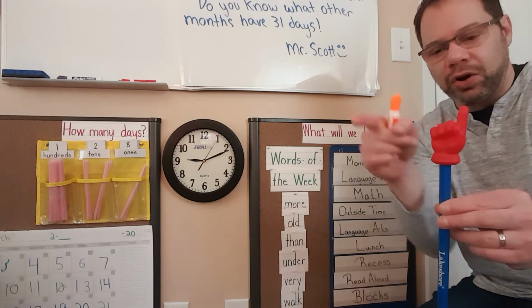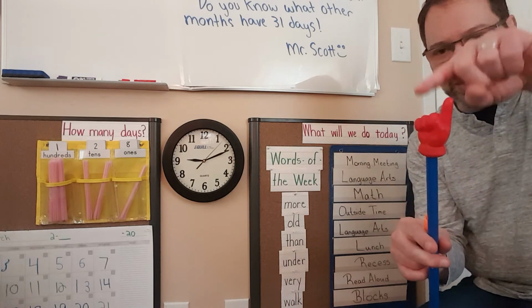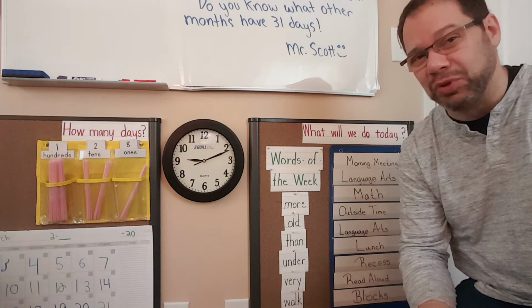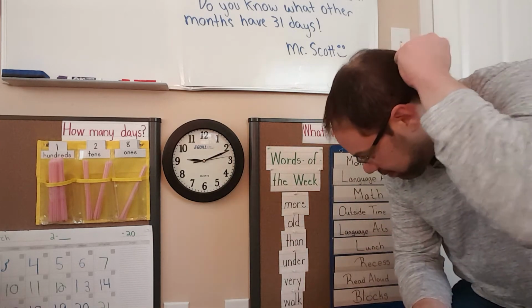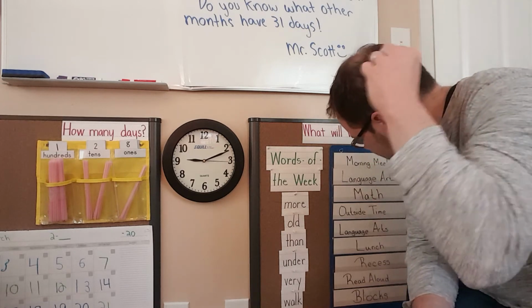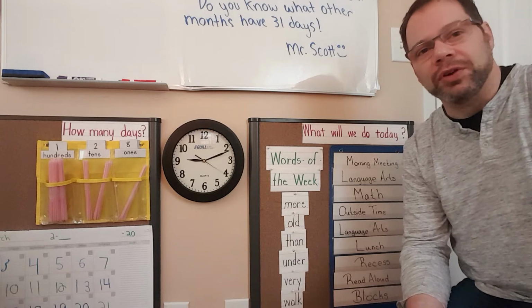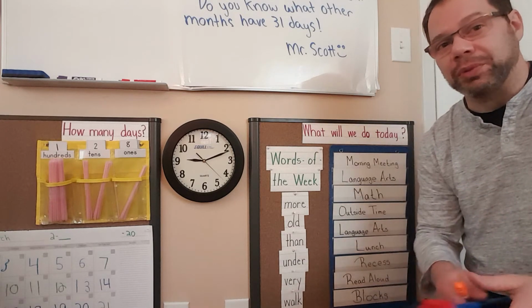So just picture a heart around this made with hair clips. That's just something creative I came up with, because I use hair clips all the time. So that'll be something you might do during blocks time.